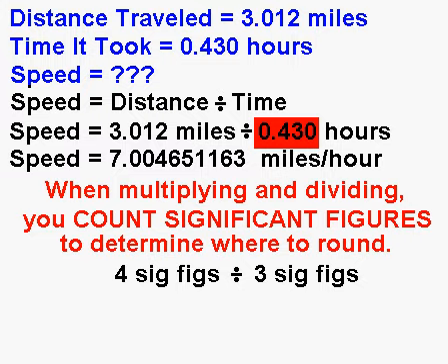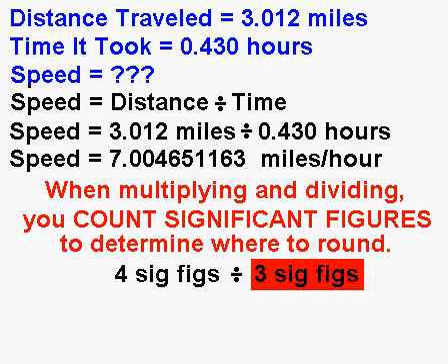So in this problem, I have a number with 4 significant figures being divided by a number with 3 significant figures. According to the rule, we report our answer with the same number of significant figures as the least number of significant figures in the problem. So there are 3 significant figures in the second number. That's the fewest number of significant figures. So that's the number of significant figures in our answer.